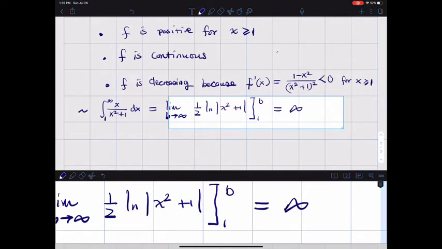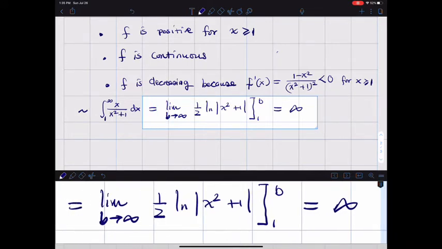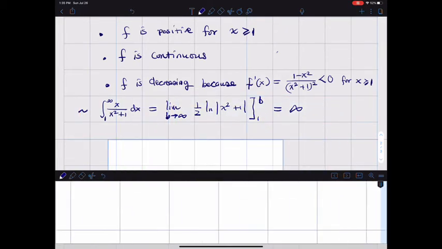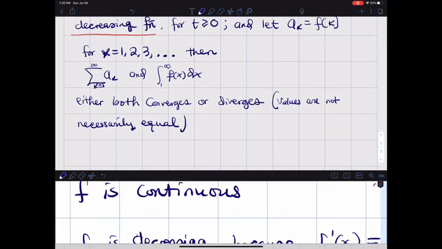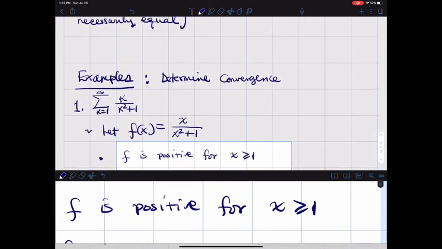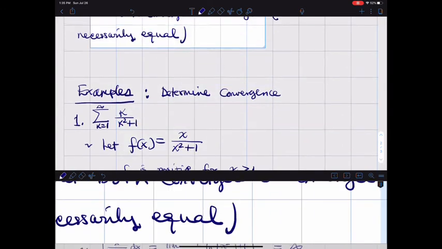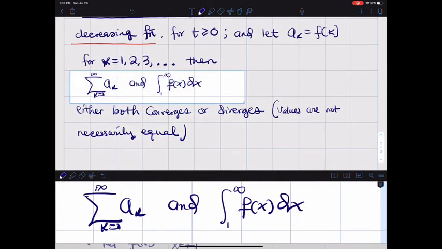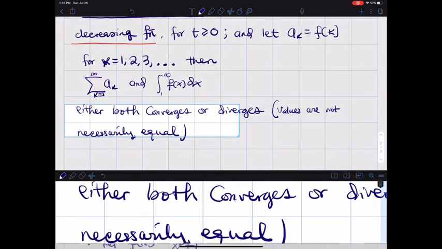This limit is going to give you infinity. So if you have any problem with this, please look at the section on improper integrals, I think it's section 8-9. So this integral is definitely infinity. So what does our theorem say? The theorem says that our series is going to behave like our integral. So our series and our integral both converge or both diverge.